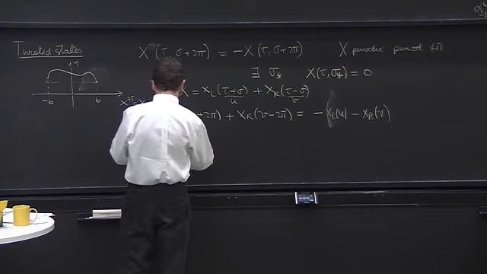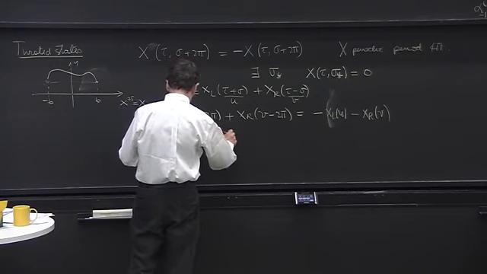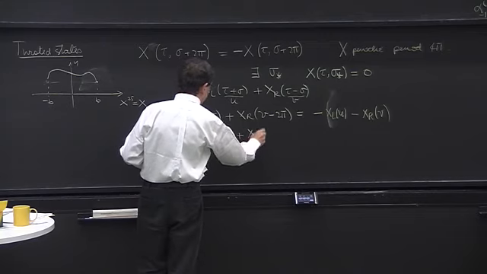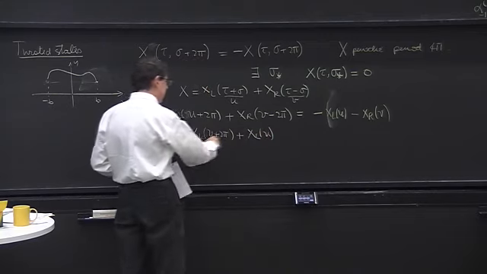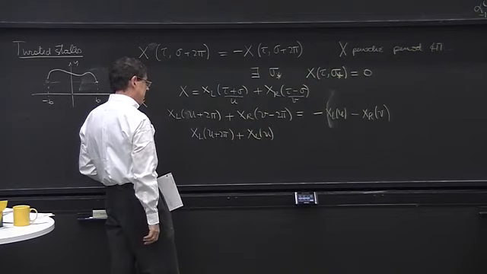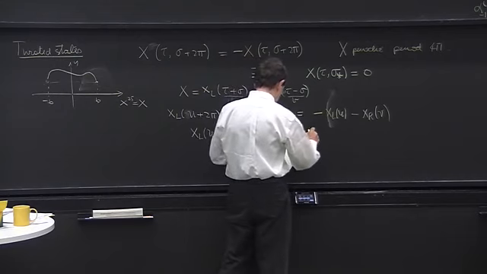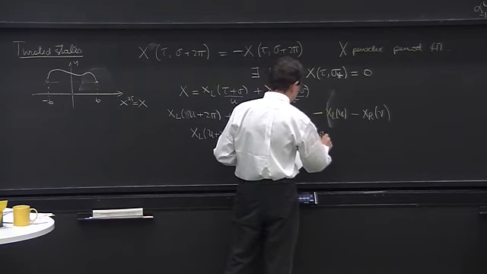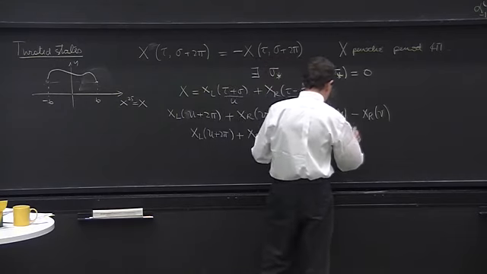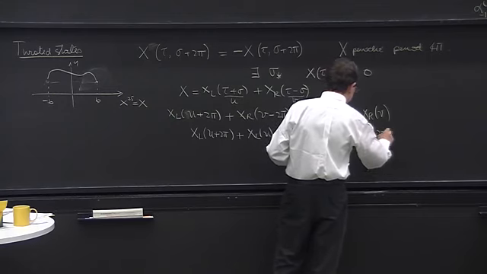So we have x left of u plus 2 pi plus x left of u. Before we had the failure of periodicity. This is sort of crazy. It's the sum of these two things. On the other side, we have minus x right of v plus x right of v minus 2 pi.